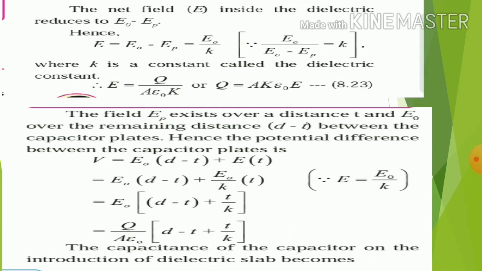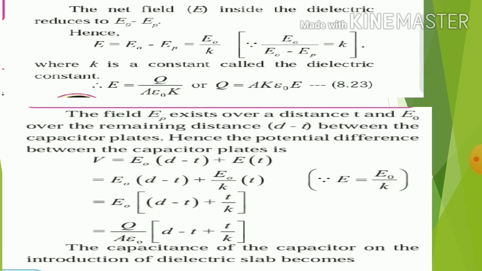That is, the electric field Ep is influenced over only the small distance t, meaning Ep is the electric field that appears only in the thin dielectric slab of thickness small t, and E0 is the electric field that appears over the remaining distance, that is d minus t, between the two plates of the capacitor.